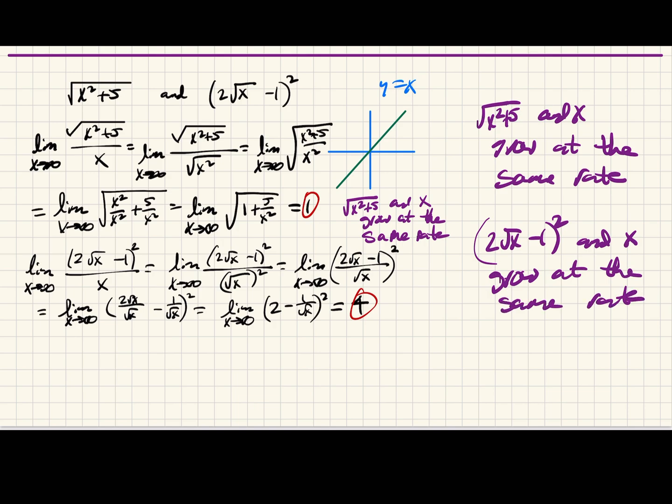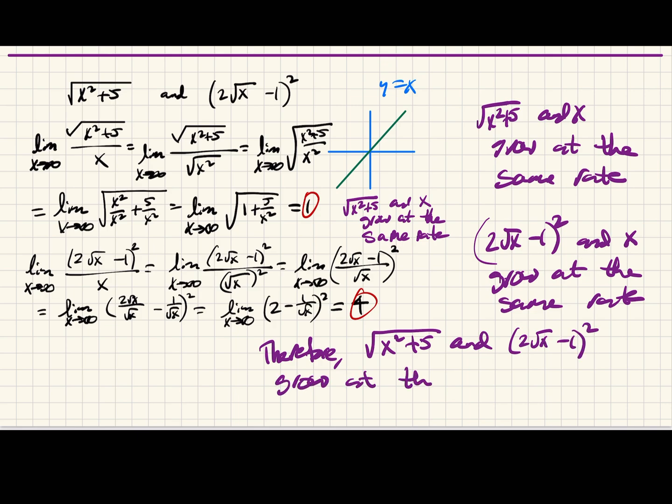So I believe we can apply the transitive property here, right? So therefore, the square root of x squared plus 5 and (2 root x minus 1) squared grow at the same rate. We're not talking about how big they are, we're talking about how fast they grow. Okay?